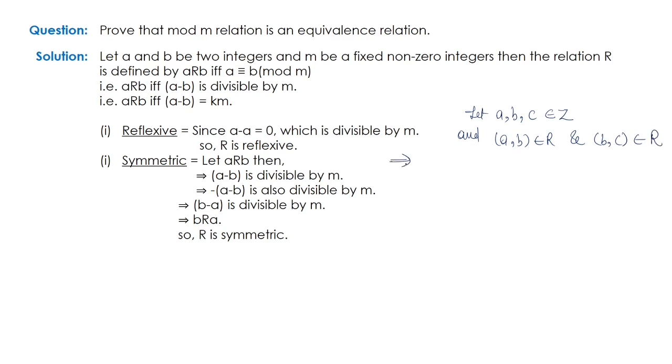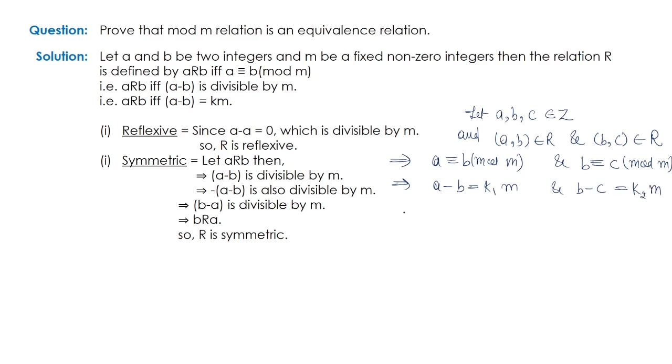If A comma B is in the relation, then it means A is congruent to B mod M. And if B comma C is in the relation, then B is congruent to C mod M. And if A is congruent to B mod M, then it means that A minus B is some K1 times M and B minus C is some K2 times M.